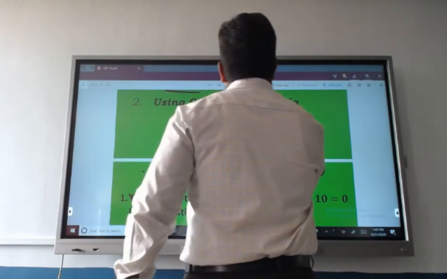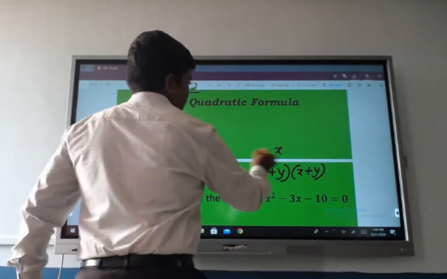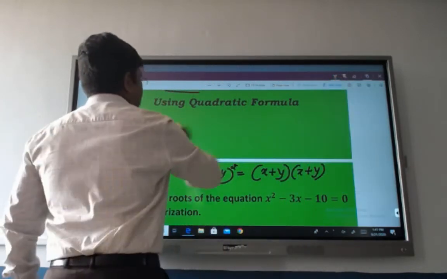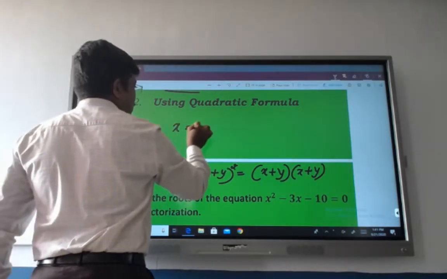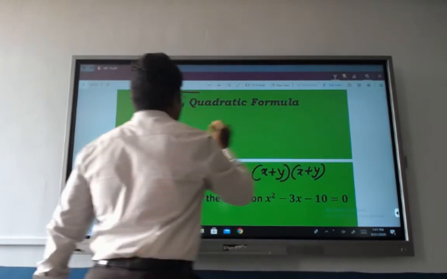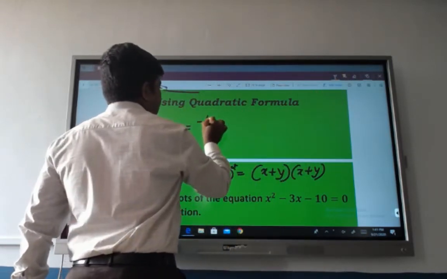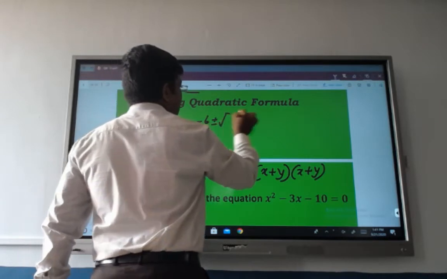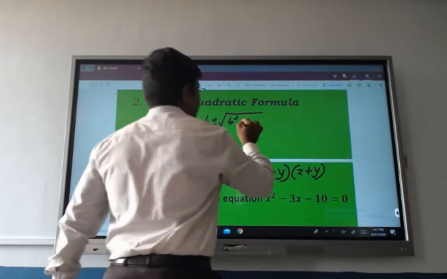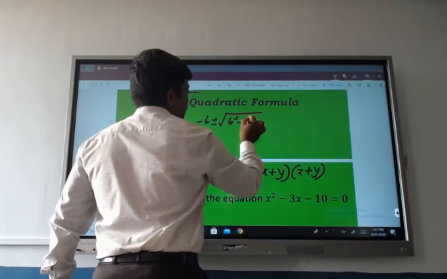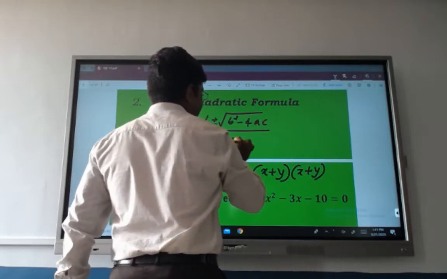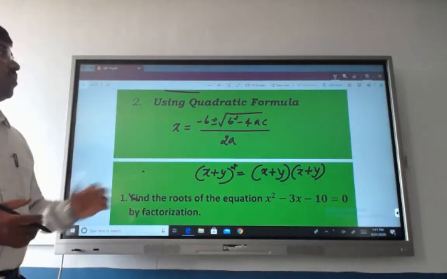So the formula is x is equal to minus b plus or minus square root of b square minus 4ac, and the whole divided by 2a. Directly we are going to use this formula in the quadratic formula.